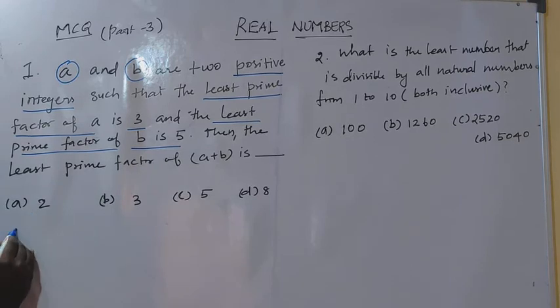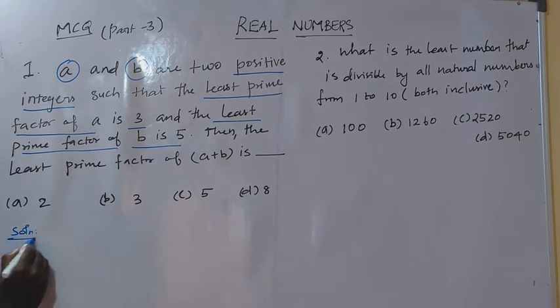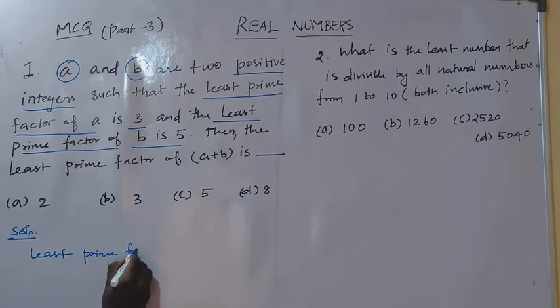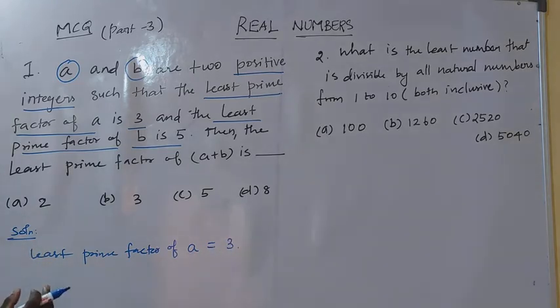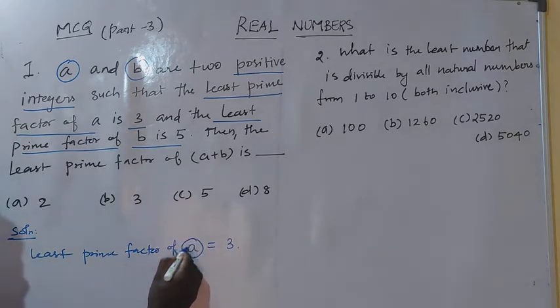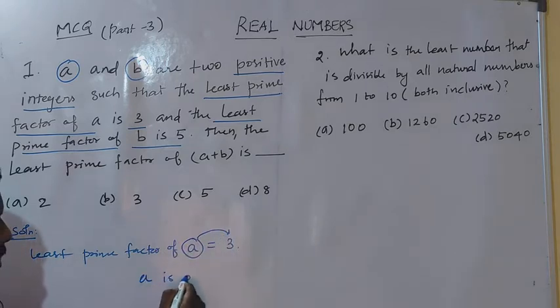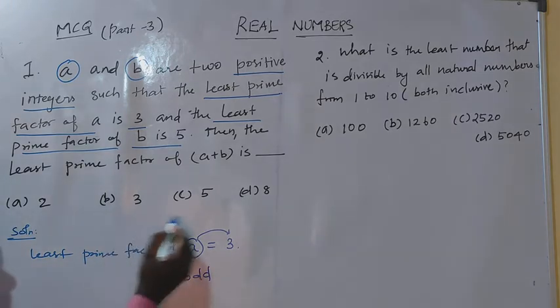So here let me find the solution. Least prime factor of a is equal to 3. Just listen to me. If a number has least prime factor as 3, then definitely this number a must be an odd number. Because what kind of number can have least prime factor as 3?